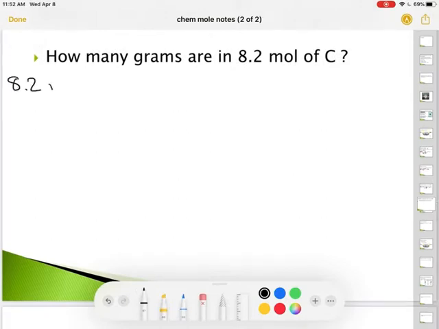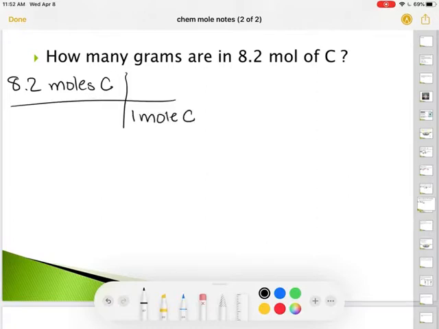We have 8.2 moles of carbon. In 1 mole of carbon, according to my periodic table, there are 12.011 grams of carbon. So moles of carbon cancels out, and we're left with grams of carbon. So it's 8.2 times 12.011.